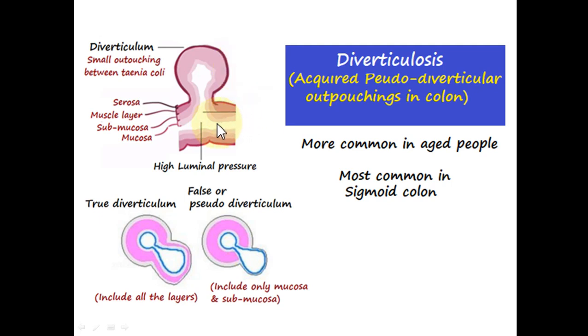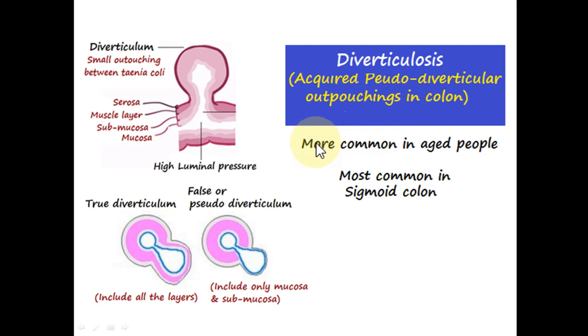And the high intraluminal pressure will push the mucosa and submucosa, forming the diverticula. So actually the diverticula are an acquired form of pseudo-sacs or pseudo-diverticular outpouchings in the colon.